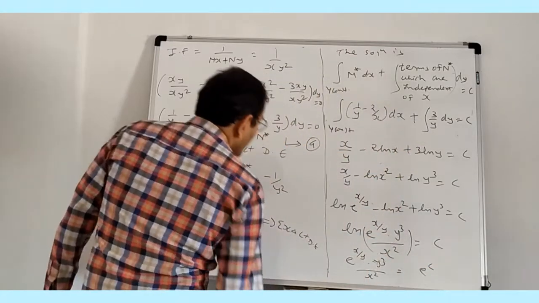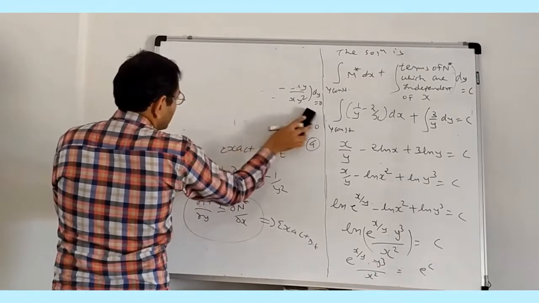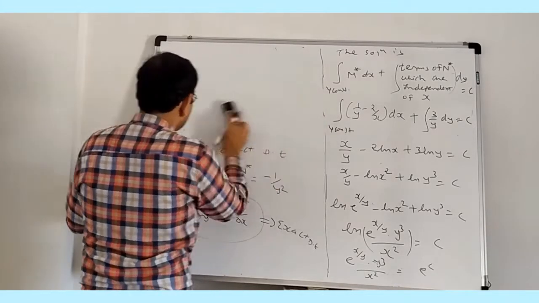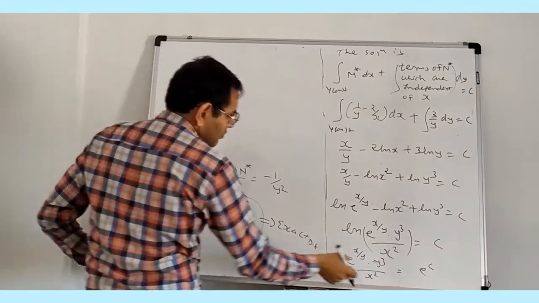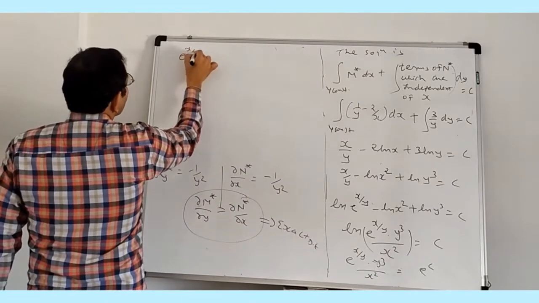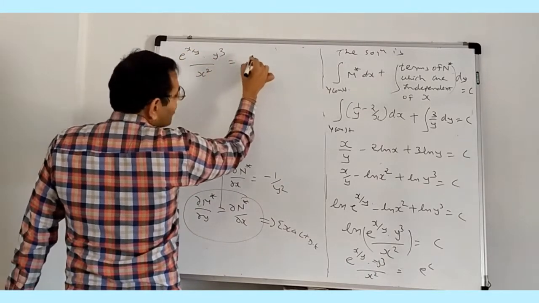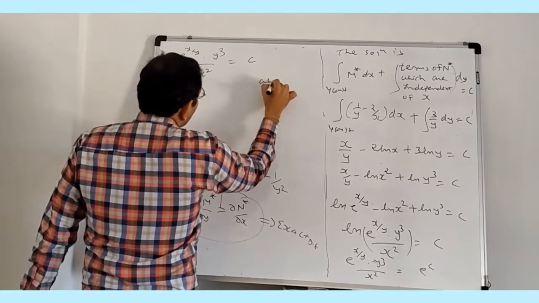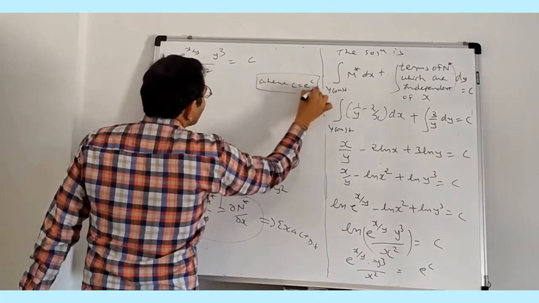Where e raised to x by y into y cube by x square equal to c, where c equal to e raised to c, which is constant.